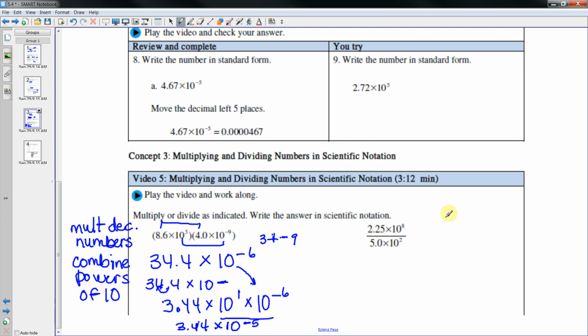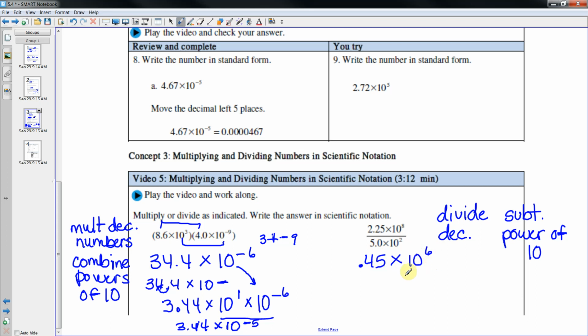Okay, here's a division one. Here we're going to divide our decimals, and then we are going to subtract our power of 10 exponents. So 2.25 divided by 5.0 is 0.45, and then 10 to the 8th over 10 squared, 8 minus 2 is 6.